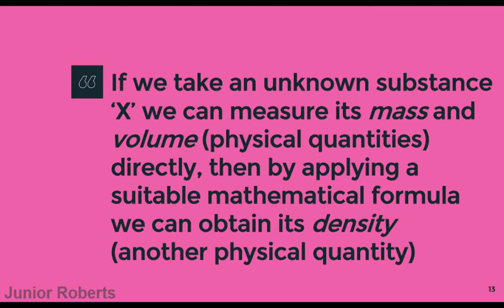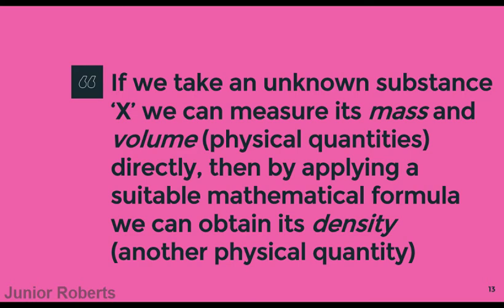Let us say, for instance, we take an unknown substance X, and we measure its mass and volume, which are physical quantities, and we measure those directly. Now if we apply a mathematical formula, we can obtain the density of that substance X.